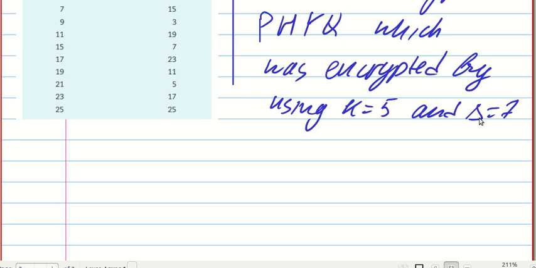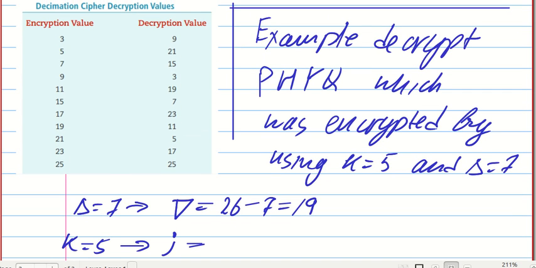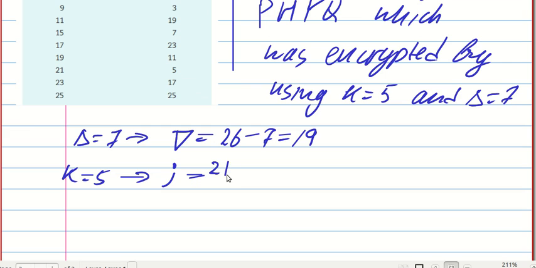All right, so we have a delta. Delta is equal to 7, means that nabla is 26 minus 7, which is 19, and k equals 5, that means j is equal to, for 5 we have 21.